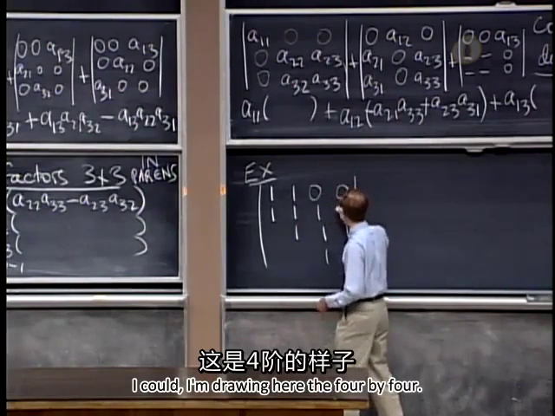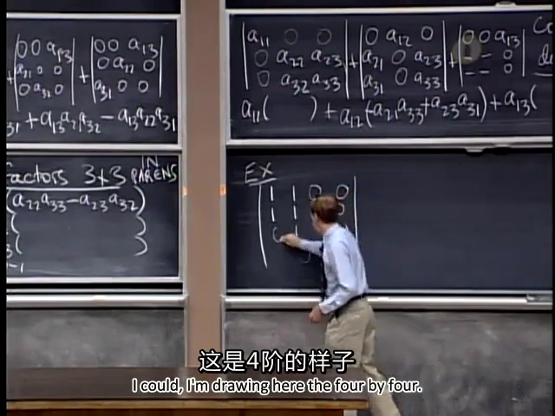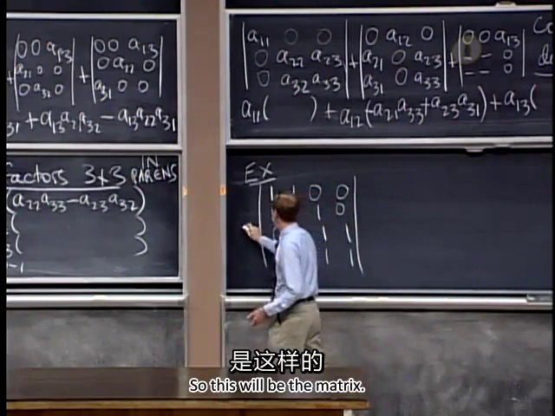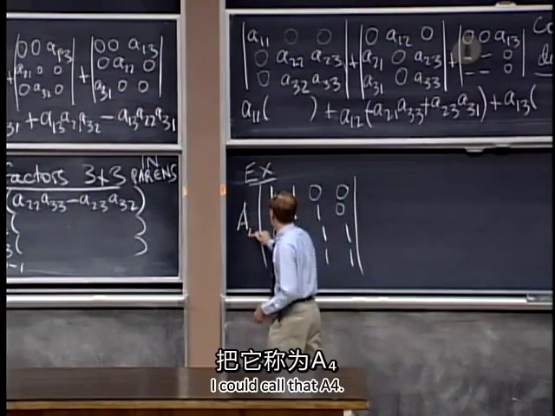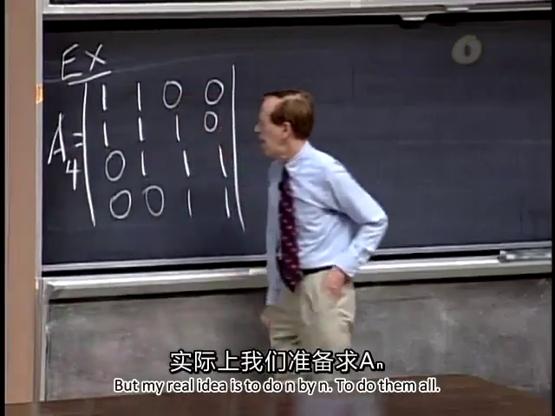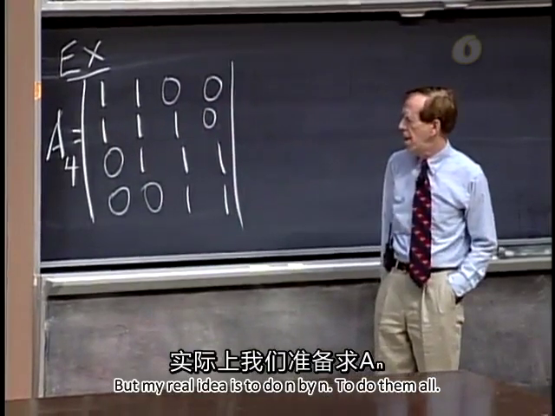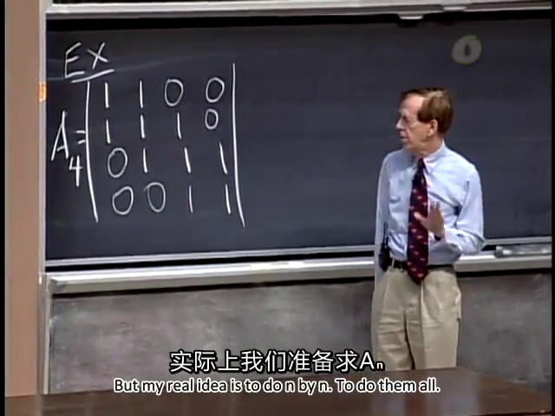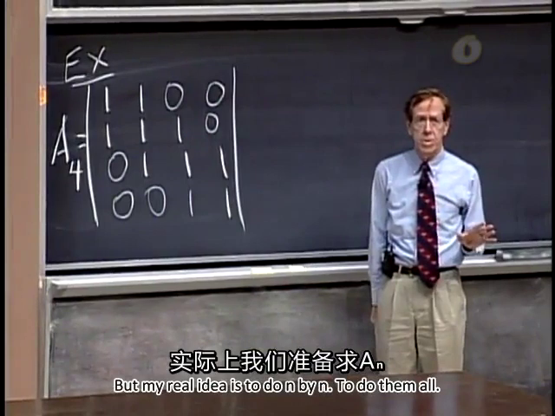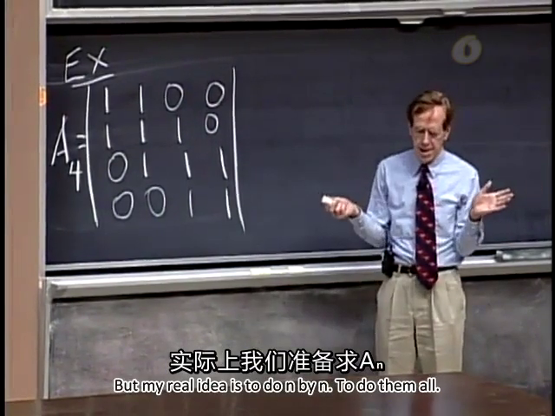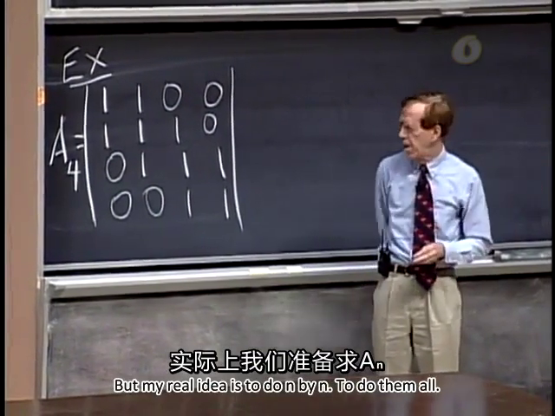I'm drawing here the 4 by 4. So this will be the matrix, I could call that A4. But my real idea is to do n by n, to do them all.